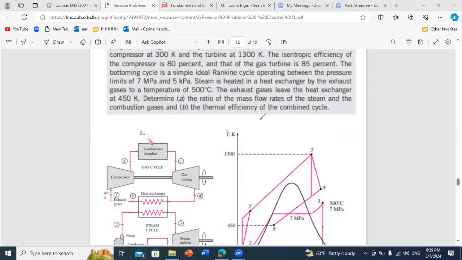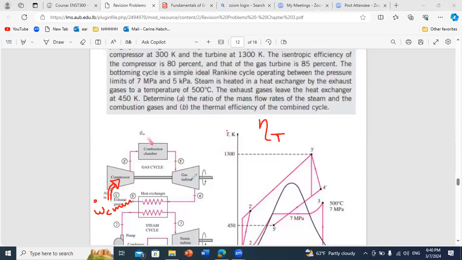For the turbines, the isentropic efficiency is opposite to the compressor. Why? Because when you compare real and ideal case, for the compressor, the ideal case will be to have a minimal input. The isentropic process will always correspond to W dot compressor minimum, because you neglect losses, so you just need the minimal energy to compress your air.